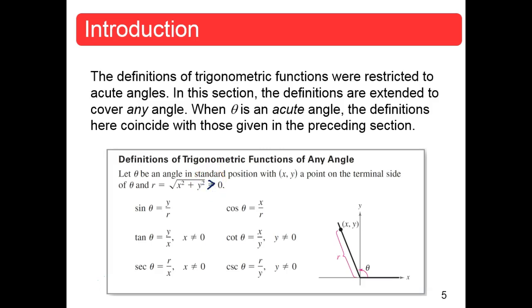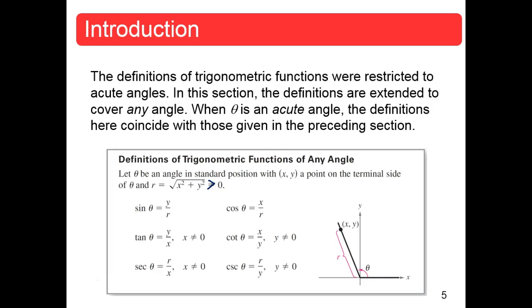With that being true, the sine of any angle theta is the y value, and remember that y value can be positive or negative, divided by r, but r is always positive. The hypotenuse is always positive. The radius is always positive. If this is a circle, r is always positive. The cosine is the x value over r, and x can be either positive or negative, but r is always positive.